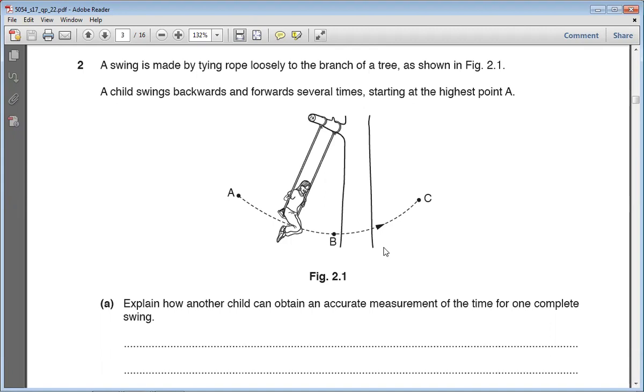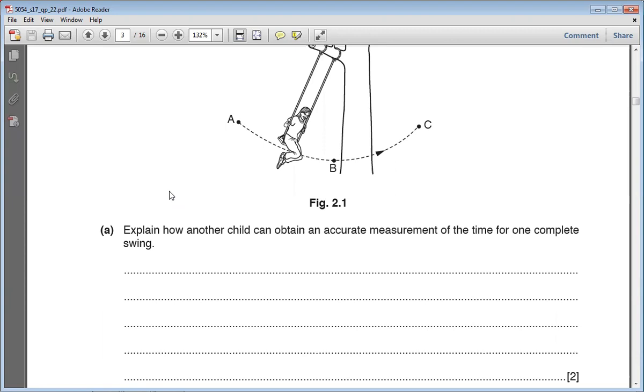When she is in the mean position, that is position B, start the stopwatch, and after 5 complete swings, stop the stopwatch. So you have the time for 5 swings, then divide that time by 5, and that will give you the time for 1 swing.